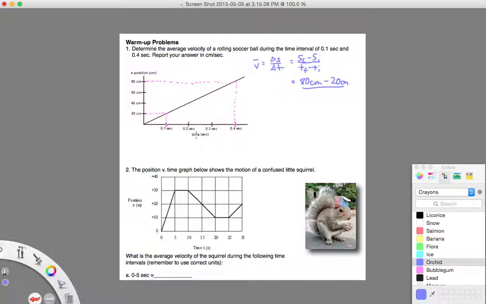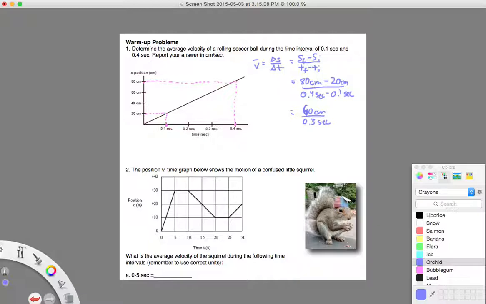The final time is 0.4 seconds, and our initial time is 0.1 second. Okay, so put this in your calculator. I'll simplify this first: 60 centimeters divided by 0.3 seconds.